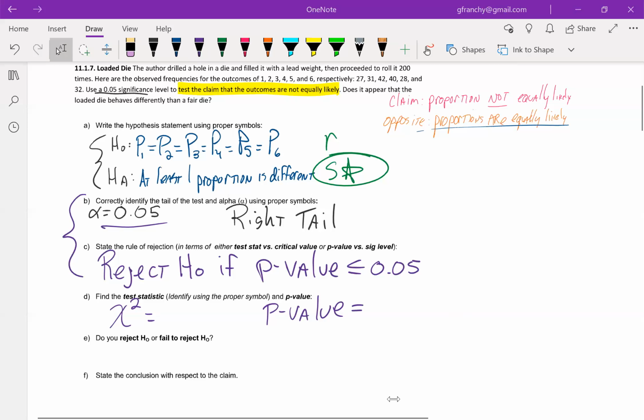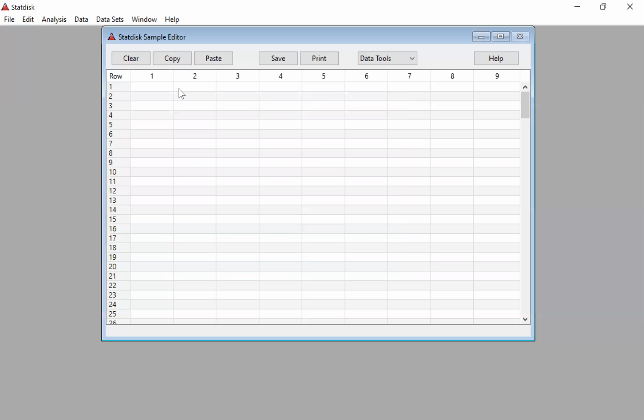So let's head on over to Statdisk. What we have to do is put in our frequencies. So we had 27, 31, 42, 40, 28, 32, and then always take a moment or two to double check that you type things in correctly, because data entry errors are expensive mistakes in statistics in the real world, so they're expensive mistakes in a statistics class.